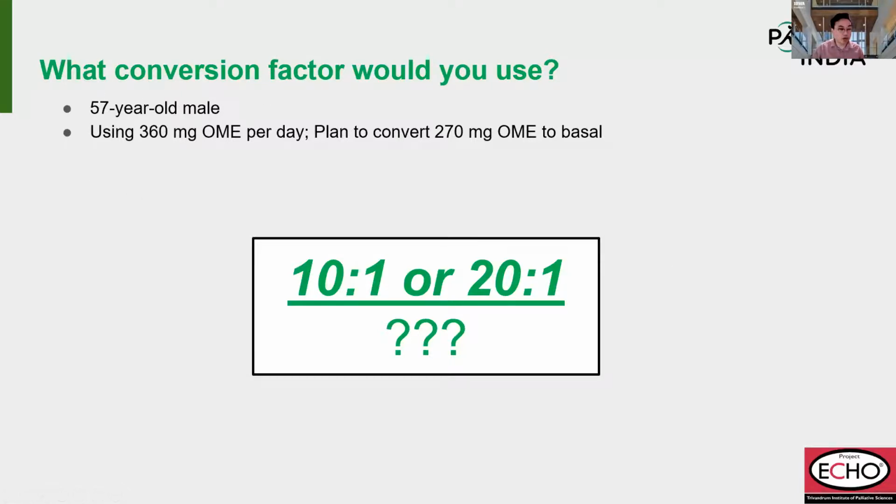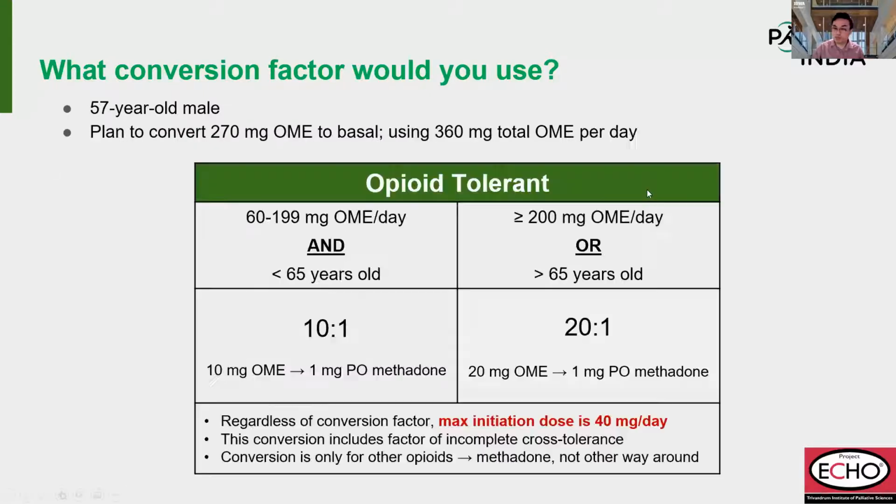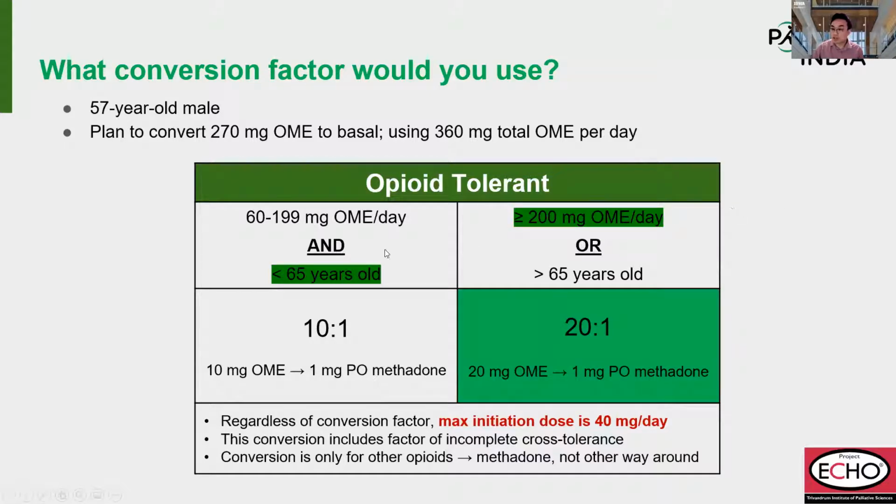However, if we go back to that conversion ratio, the patient falls in the category of 65 years and older, but their OME use is over 200. Remember, I tried to emphasize this "and/or" aspect. Because they hit one criterion on this more conservative conversion, we would go ahead and use this 20:1.